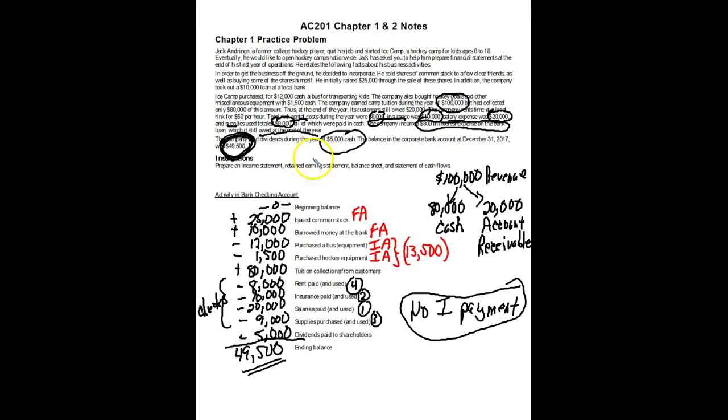Let's keep going back. Let's look at the next one. Cash came in because we collected tuition from customers. Remember, that was the cash collected from revenue from the camp. So cash received from revenue type activities is an operating activity. Now the next ones are going to be cash going out, so I'm going to stop.